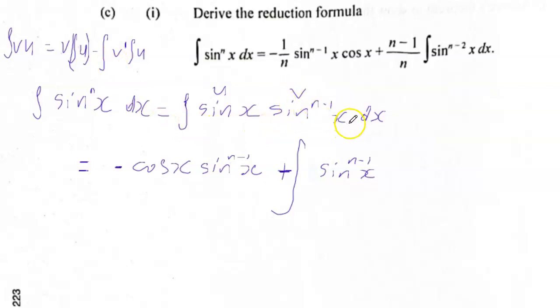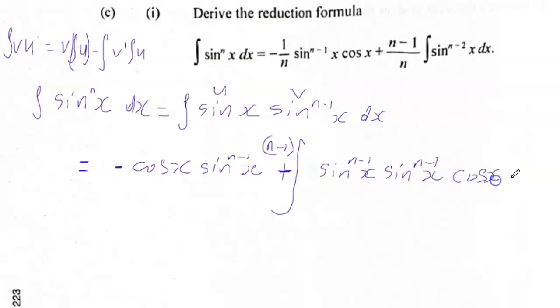I'm going to differentiate sin x to the power n minus 1 using the chain rule. So I end up with n minus 1 outside, times sine x, and I subtract 1 from my power, n minus 2, then differentiate sine and you end up with cos.